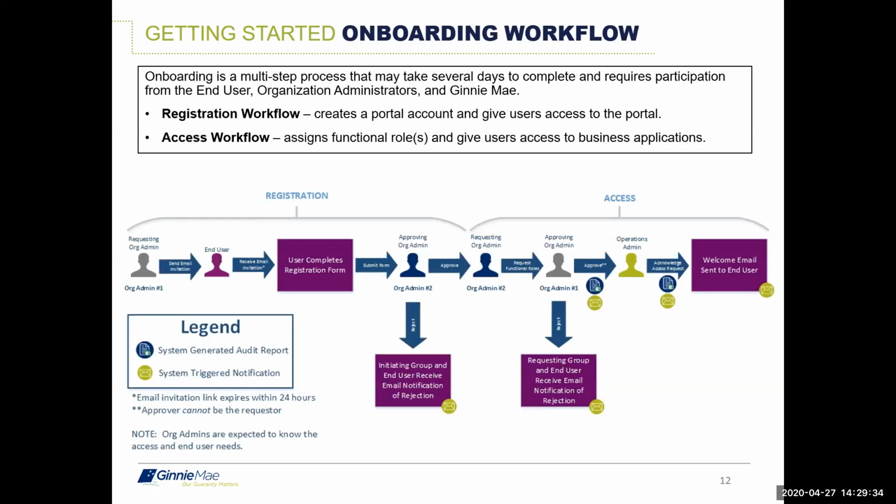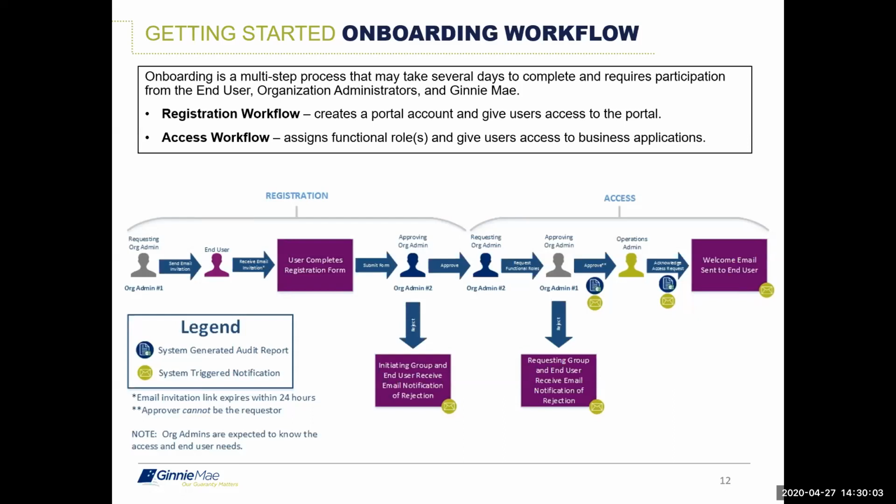Each of those workflows have both a requesting function and an approving function. What this means is there is a separation of duties in creating an account and assigning access to any end user. It requires a minimum of 2 organization administrators. We're going to talk through that workflow quickly.